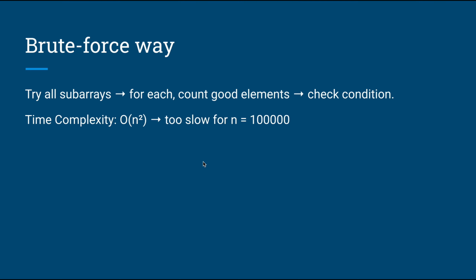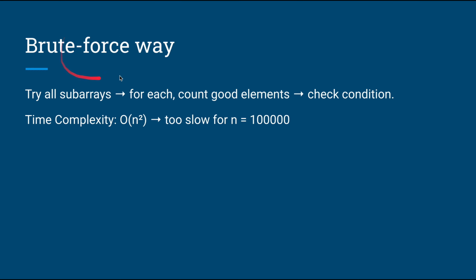But trust me, that would be too slow when the array size gets larger. So instead, we can use a more efficient approach based on the prefix sum. If you have already solved the prefix sum problem, it will be easy for you to understand, but don't worry, I am here to explain this. Let me walk through that.